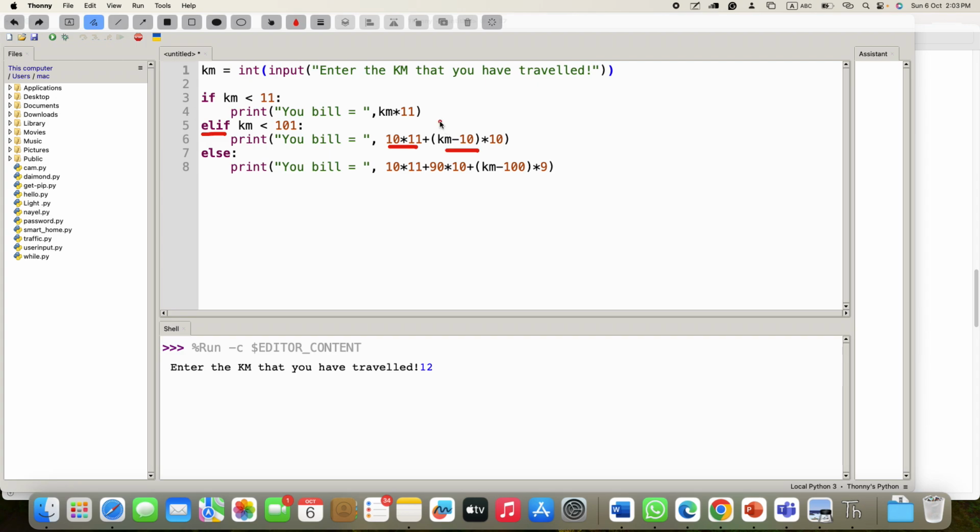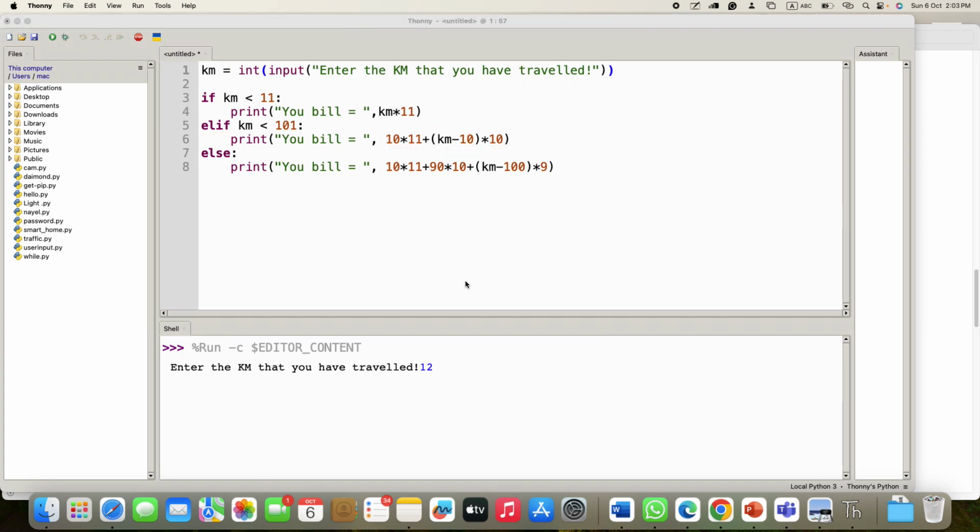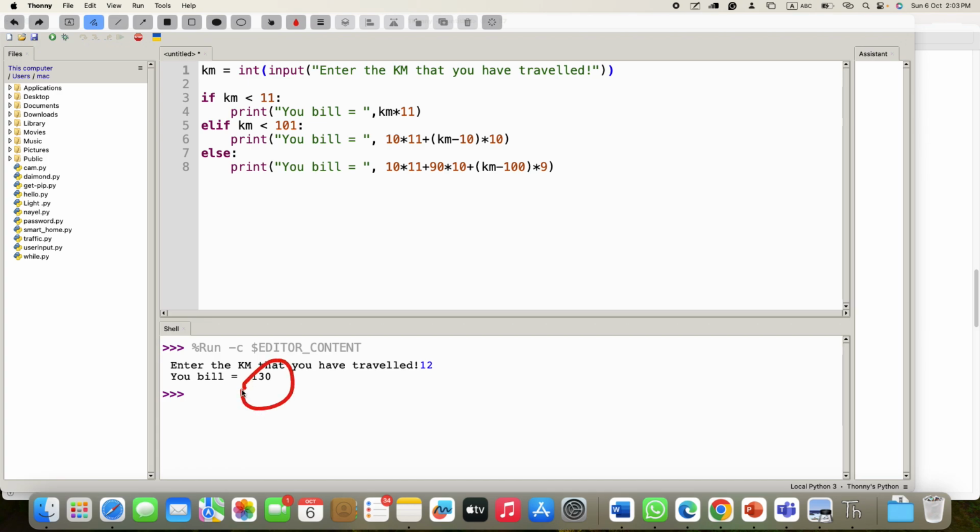Because 12 minus 10 is 2. So 2 times 10 is what? 20. So 20 and 110, what is total? 130. So that's what I'll get here if I say 12. 130. Here we go. Got that?